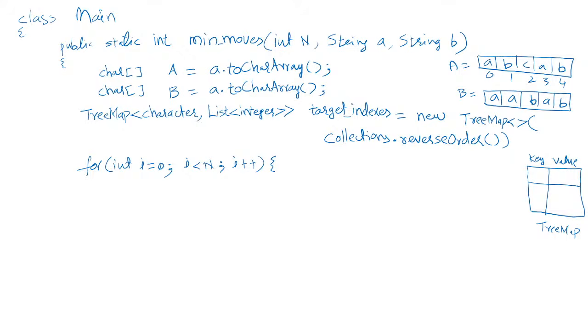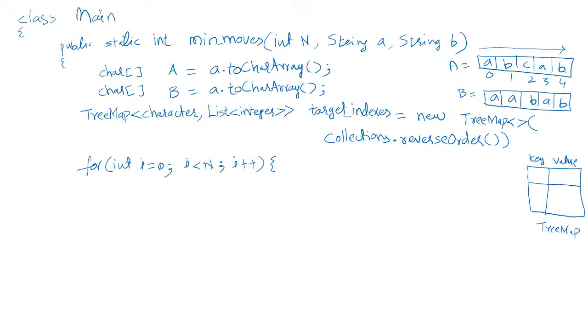As I said, all the characters in A must be greater than or equal to the characters of B. If that is satisfied, then only is the conversion possible. As you are traversing string A, while traversing itself, you check whether any character is not following this property. If it is not following this property, then you can return immediately.